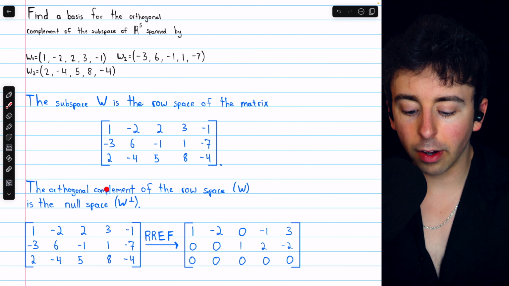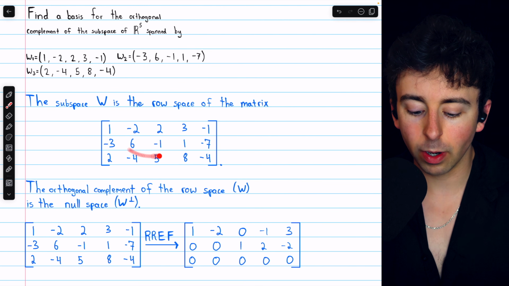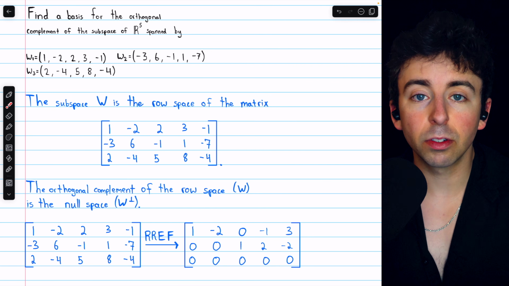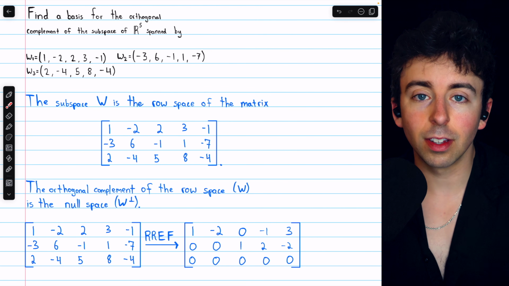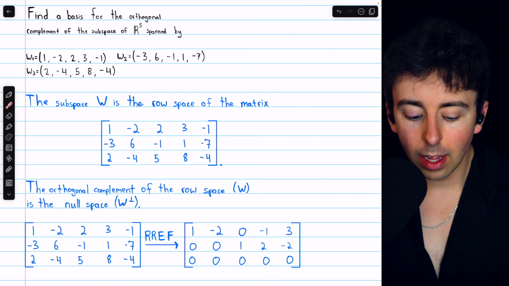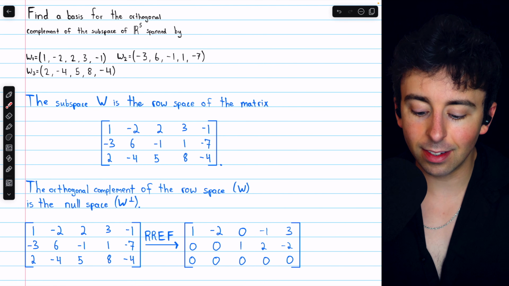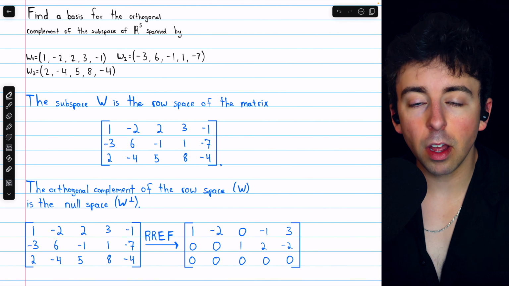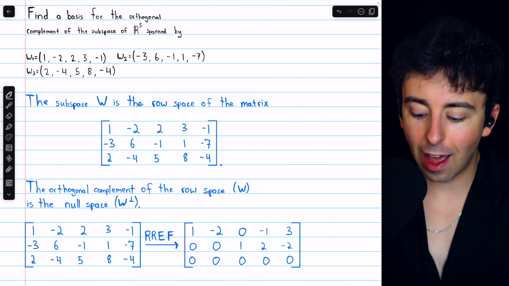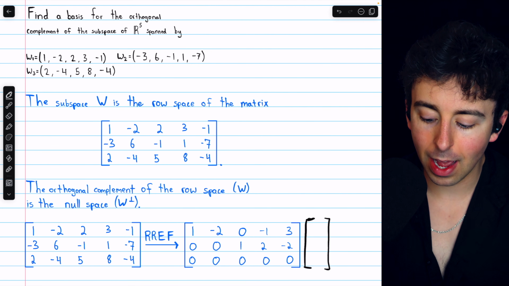So since the orthogonal complement that we're looking for is actually just the null space of this matrix, we'll go ahead and perform Gauss-Jordan elimination on the matrix in order to find a solution set for the null space. Performing Gauss-Jordan elimination on this matrix, you can verify, leads to this reduced row echelon form. And remember, the null space consists of all the 5x1 column vectors that we could multiply this matrix by in order to just get zeros.